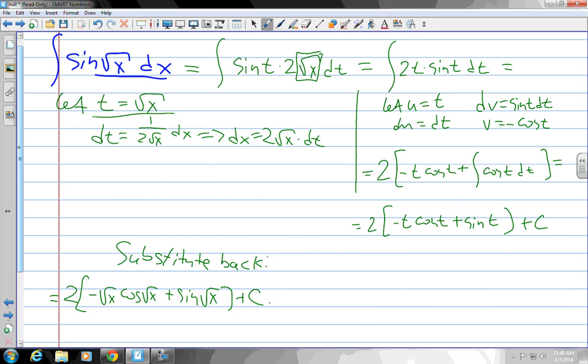So we kind of had to do the Calc 1 substitution to make this integral more friendly in terms of integration by parts, so that it doesn't have a complex composition like it had originally. Still worked out. Questions on this one?